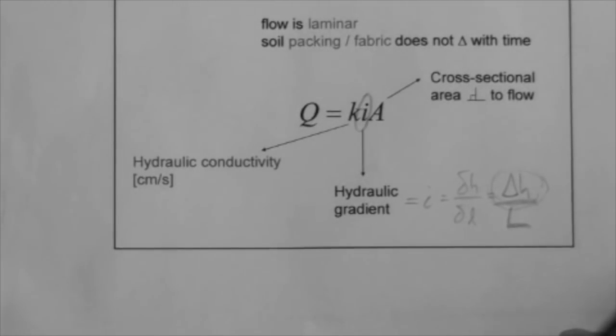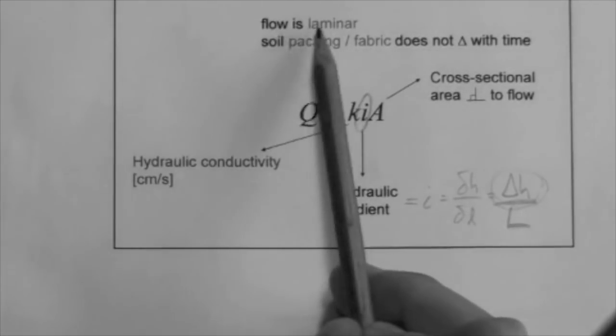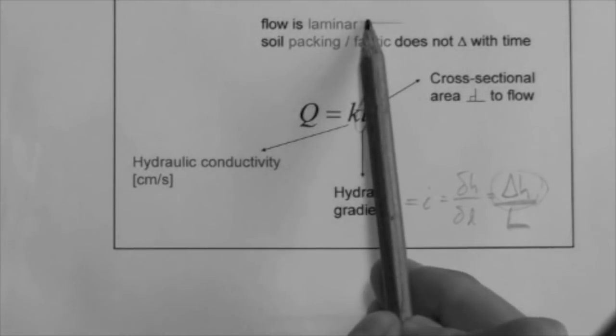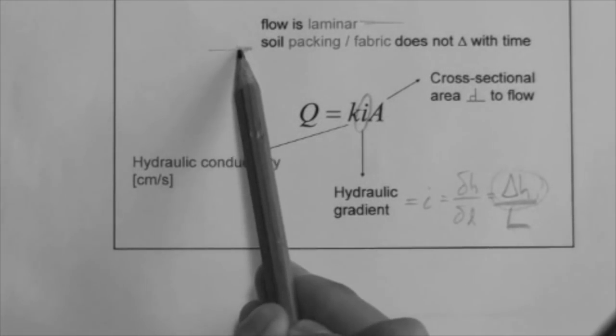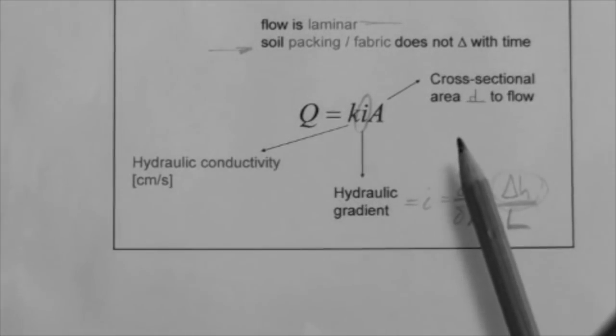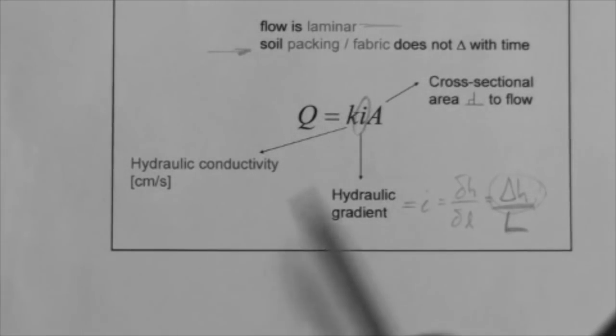So here's Darcy's law. We know that it applies to laminar flow, and it only applies when the soil specimen is not changing because of the flow. Let's think a little about this.